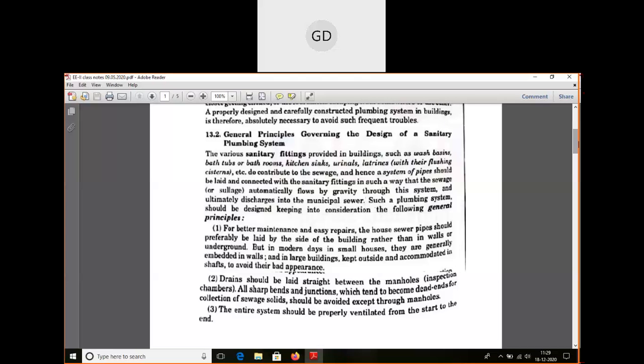So a plumbing system should always be designed keeping in consideration some general principles. What are those principles? Let us go through. Number one: for better maintenance and easy repairs, the house sewer pipes should preferably be laid by the side of the building rather than in walls or underground.